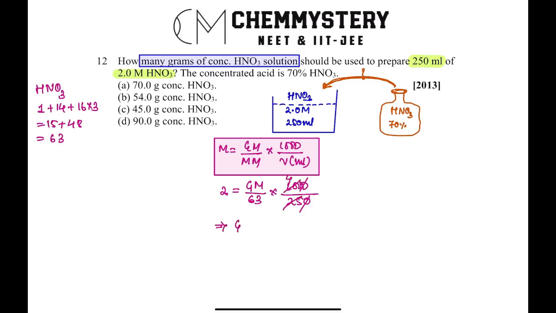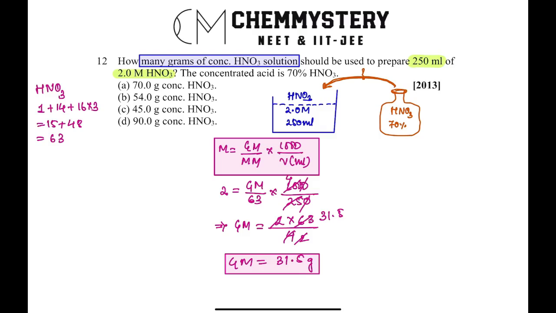So the mass present in the solution is 2 into 63 divided by 4. 2 2s are 4. How much are we going to get here? 31.5. So the mass should be 31.5 gram. This is the mass present in the solution of 2 molar strength that they are asking us for.